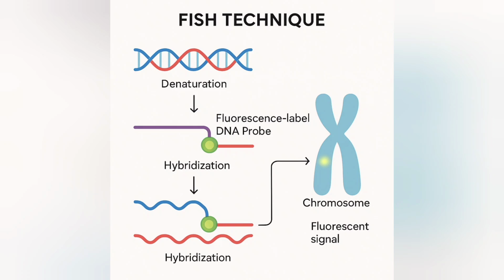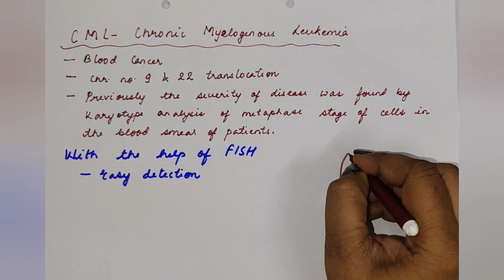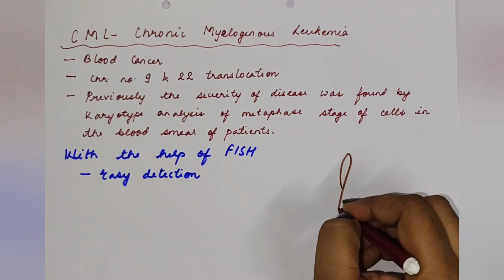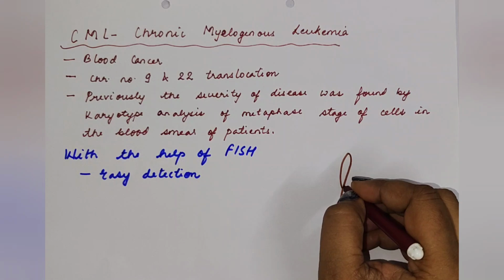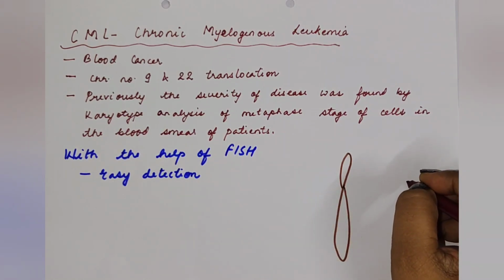This is a diagrammatic representation of the FISH technique where the fluorescently labeled DNA probe will bind to the denatured DNA, and after binding it will generate a fluorescent signal which will be visible under a fluorescent microscope.